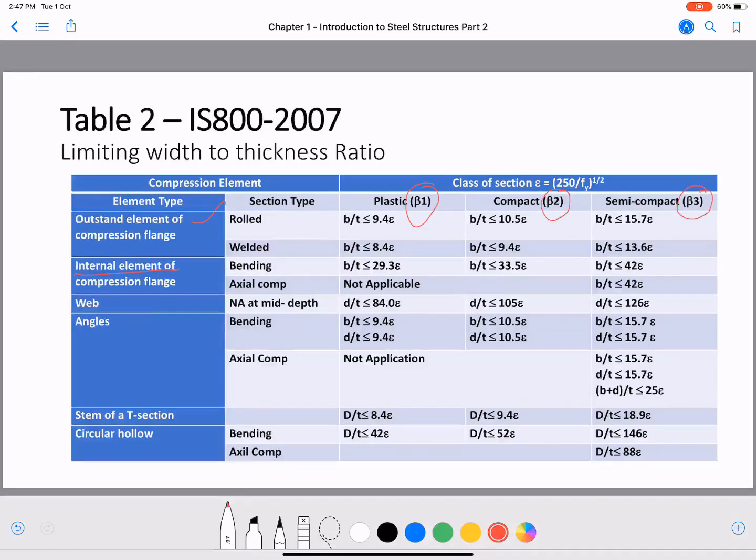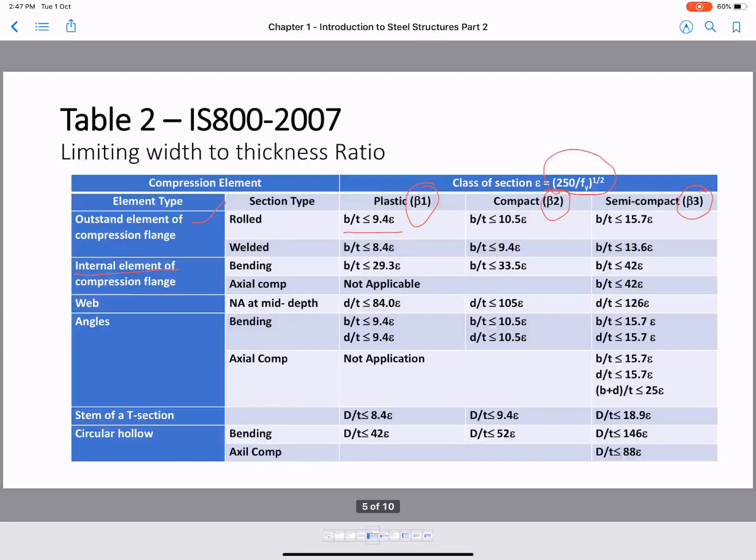Beyond this limit it is called a slender section, which is also called a class 4 section. So, for example, B by T is less than or equal to 9.4 epsilon, where epsilon is the square root of 250 by Fy. Based on that, the limiting values of beta 1, beta 2, beta 3 have been given, and we need to apply them in order to achieve the section classifications.